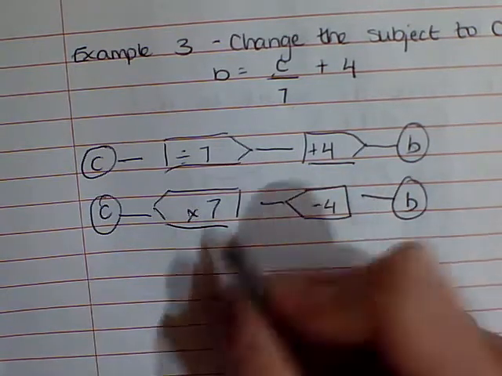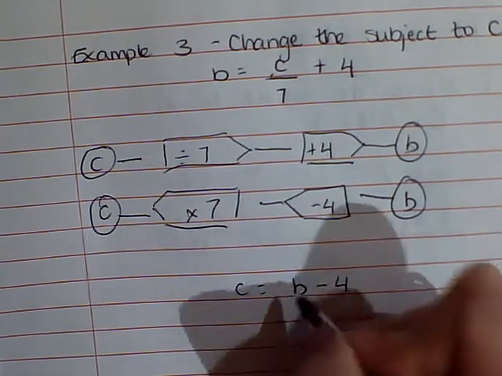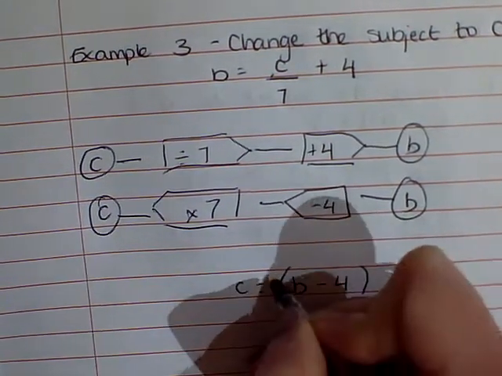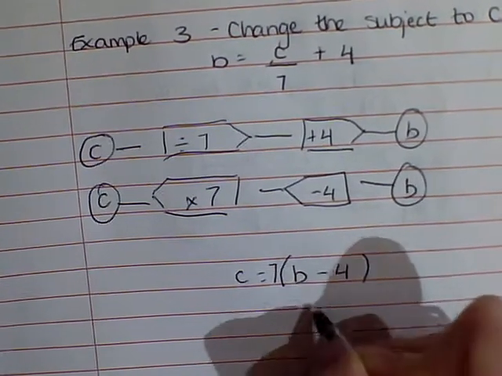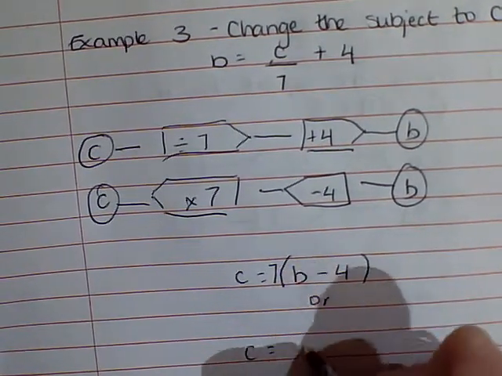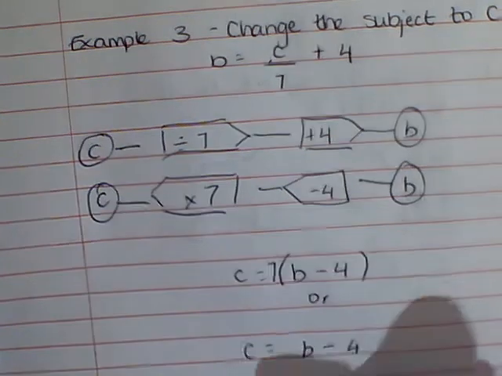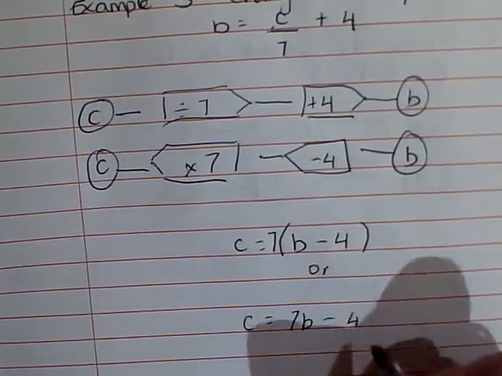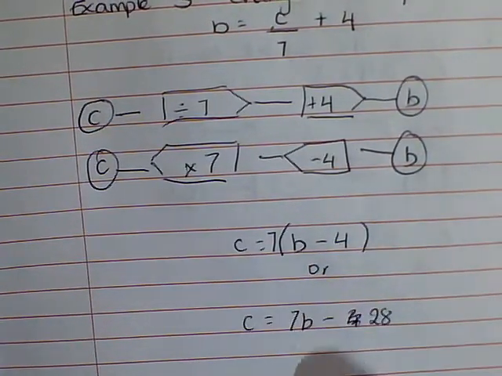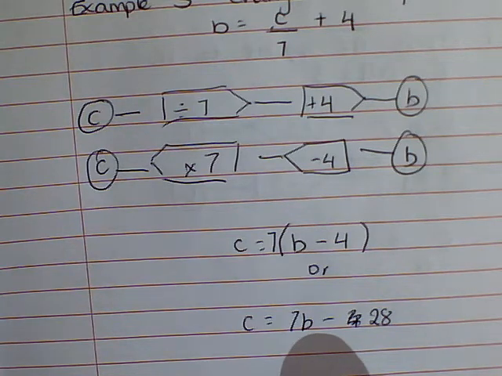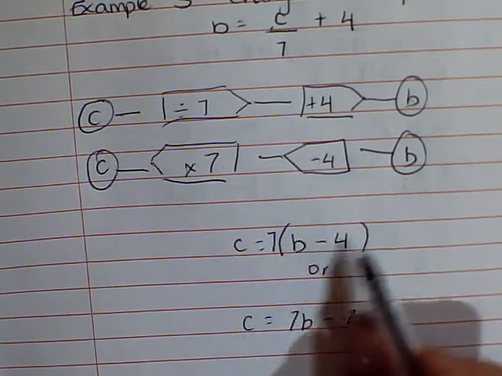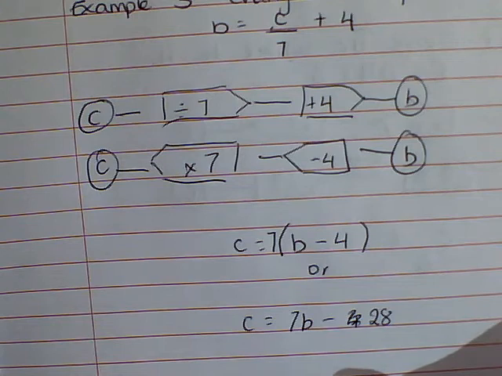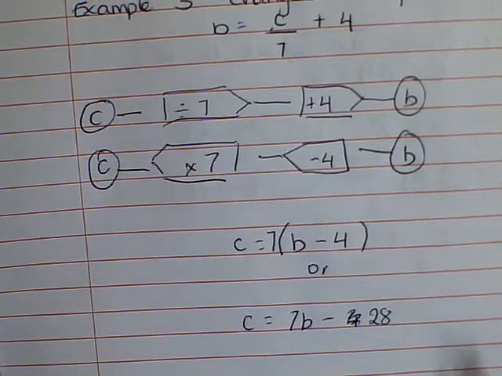The whole thing has to be times 7, so I can bracket and times 7, or you can do 7b, and 7 times 4 is 28. Okay, so you can leave it like this or rewrite it to that.